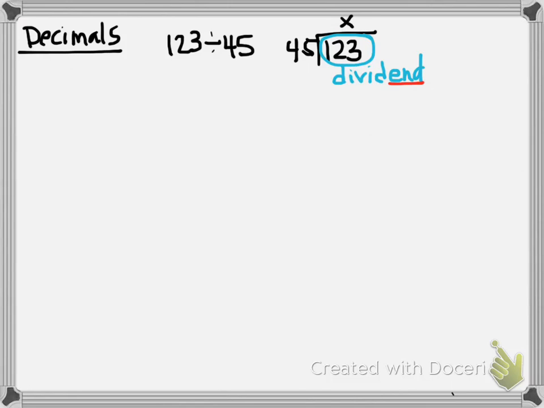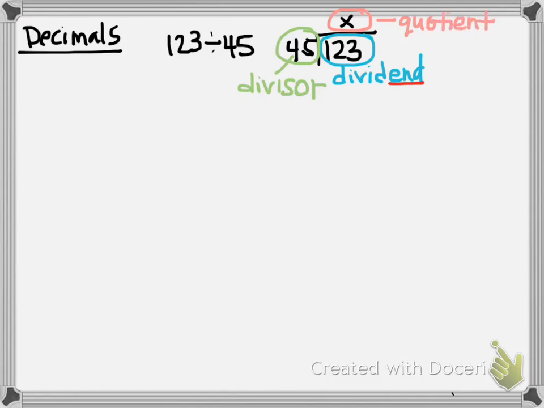And then this guy, he is the divisor. He is the supervisor of division, the guy in charge. So he's the one calling all the shots. And then last but not least, the answer to a division problem is called a quotient.